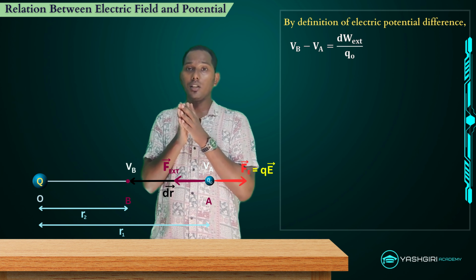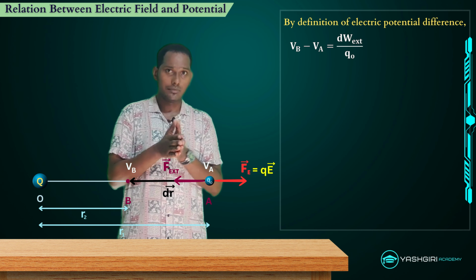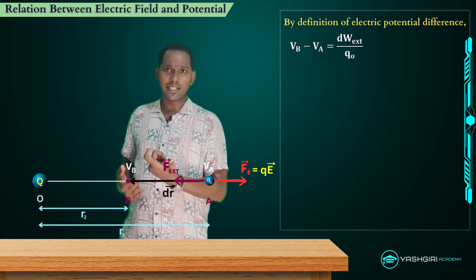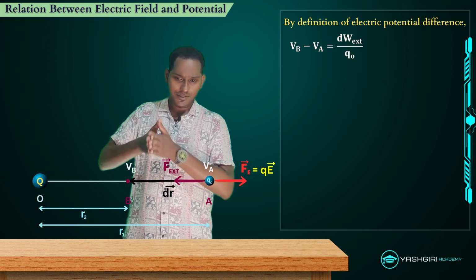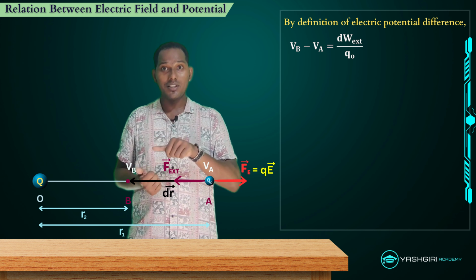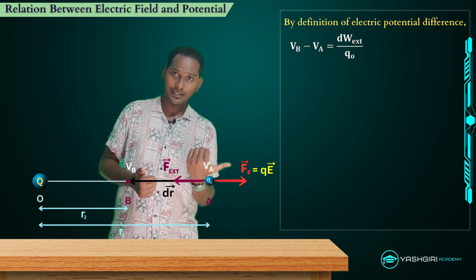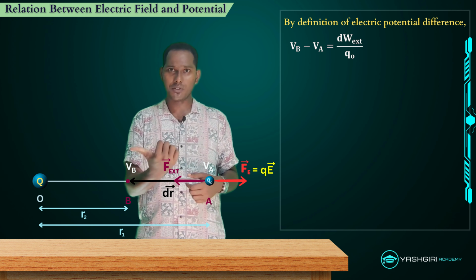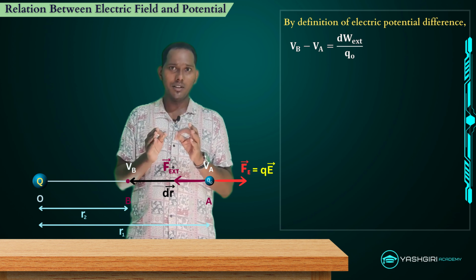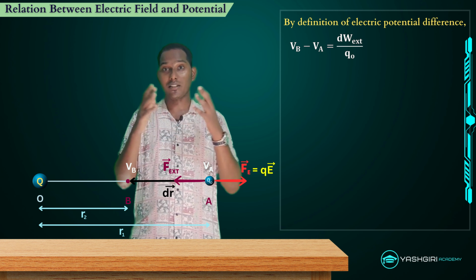Now what is that external work? We know that it is the product of the external force and the displacement. And in this case, students, what is F external? F external is minus q times the vector E, because it is in the opposite direction of the electrostatic force. Even, if you remember, here we also considered a few assumptions.